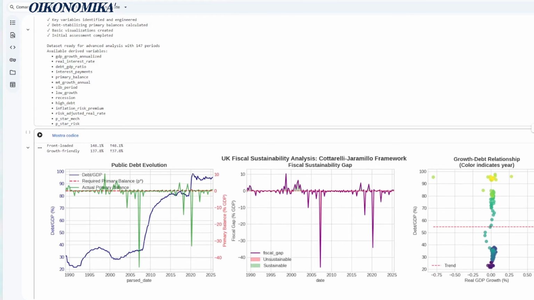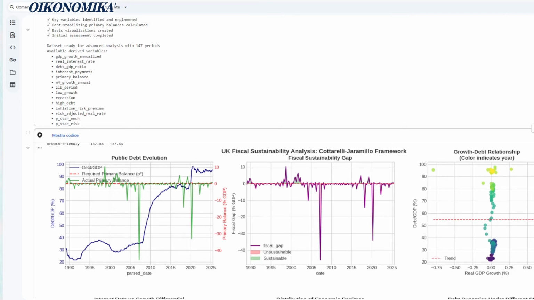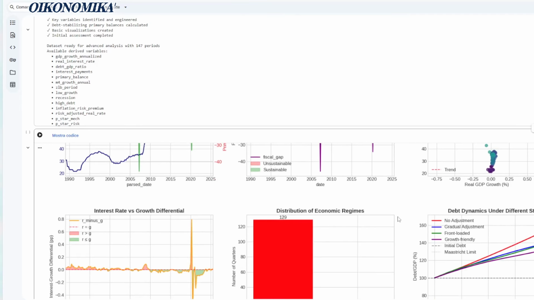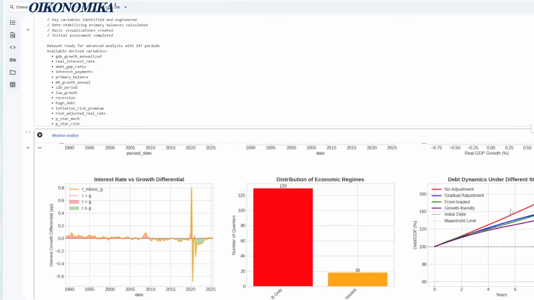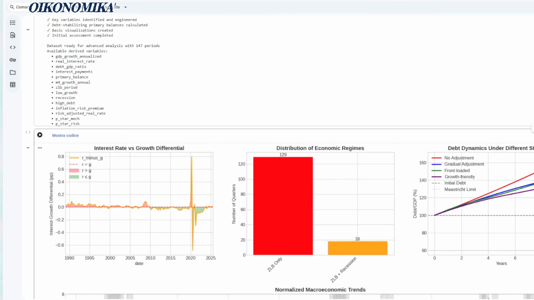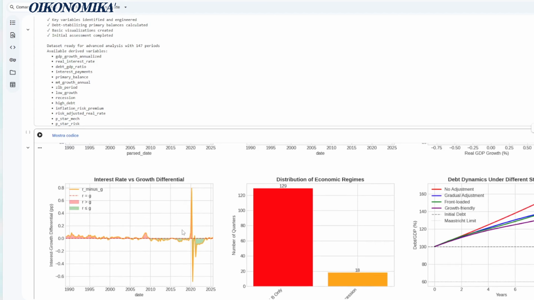So these are quite extensive modeling or research of all sorts of measures in the economy, all the scenarios, what the debt trajectory is, what the structural features are. You can see here how the rate and growth differential have evolved across time.